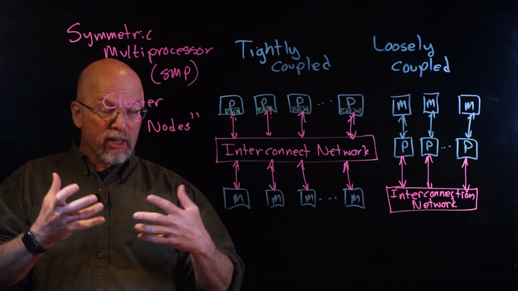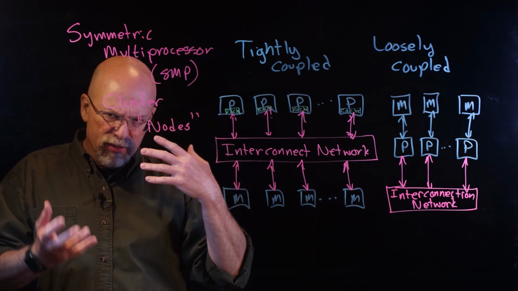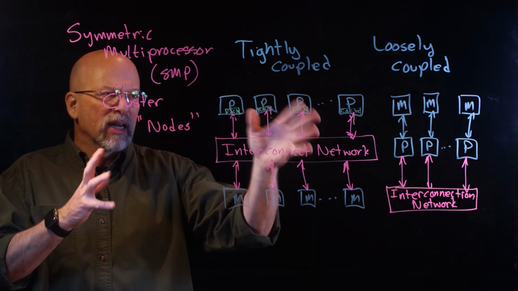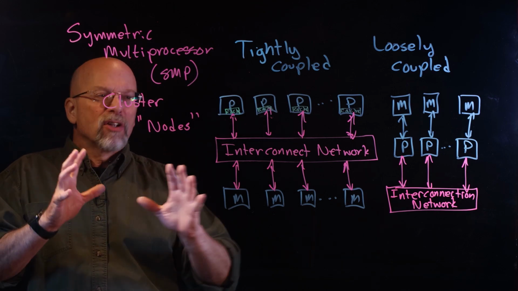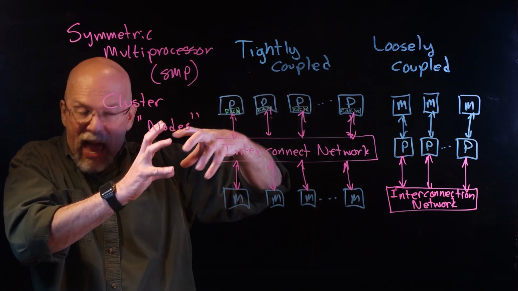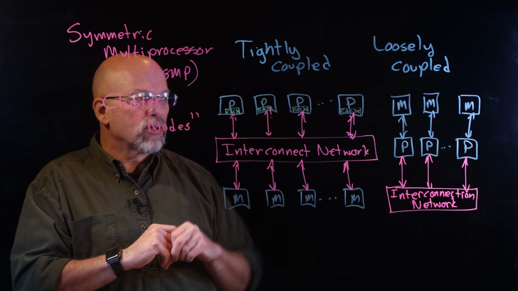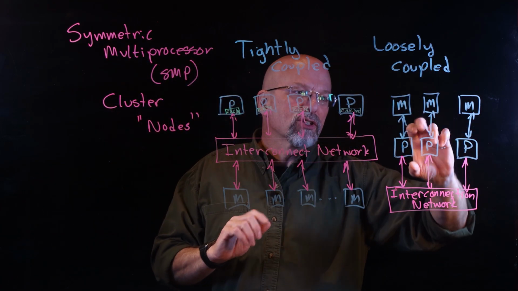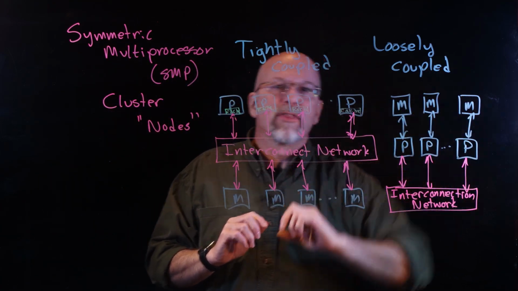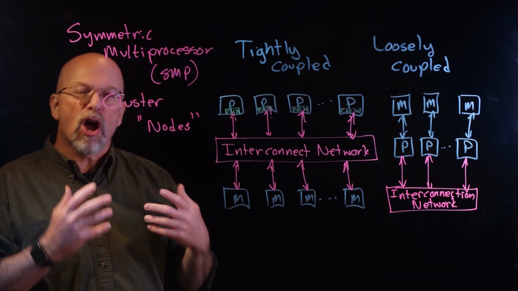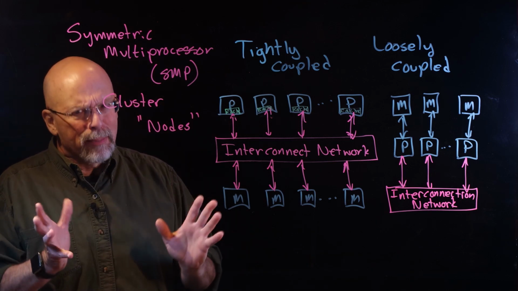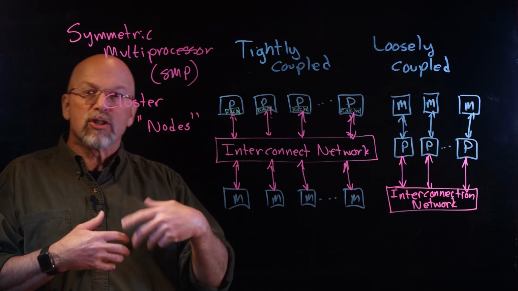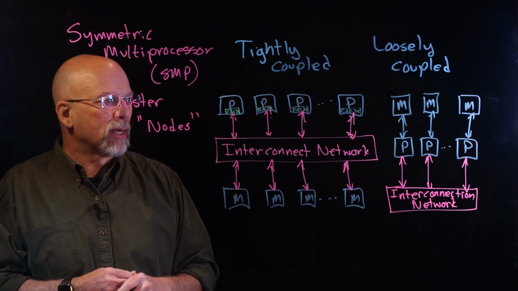A single operating system takes care of scheduling and monitoring each one of the processors. That's all done in that single unit. As opposed to clusters, where each one of the processing units is running its own operating system. Typically the same operating system, but each one has its own instance.